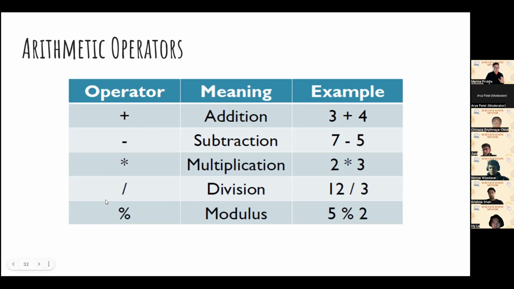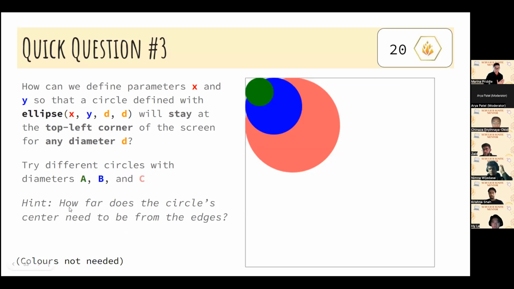So right now, focus on arithmetic operators: plus, minus, multiplication, division, and modulus. Modulus is a division, and I will leave it up to you to figure that out, because we're out of time, so I can't really focus on that.